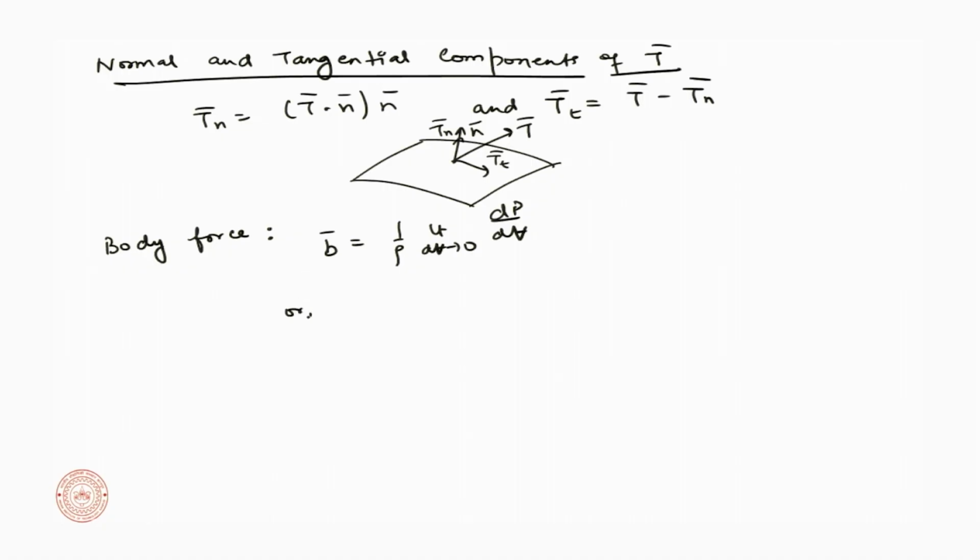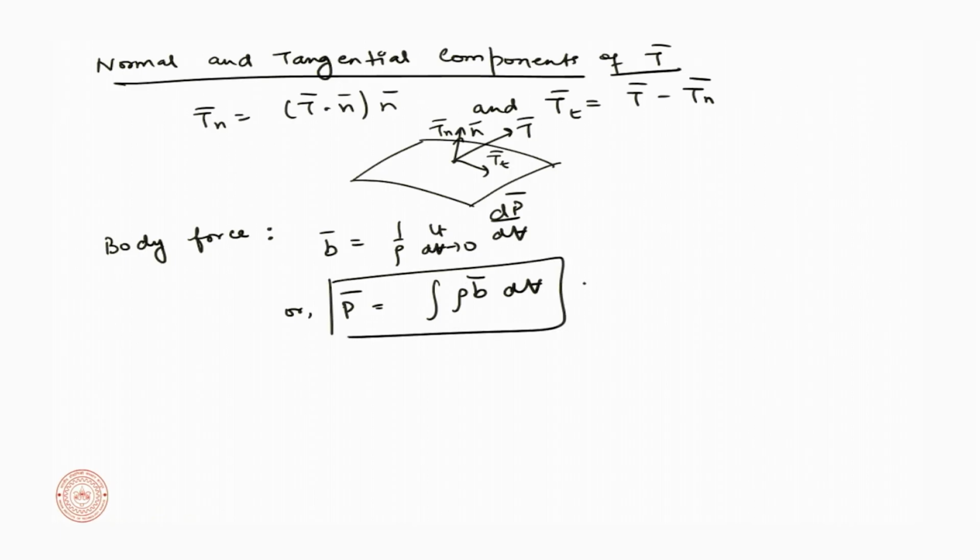Okay. Or P vector is equal to the integral of rho B vector dV. So in this case B vector, this is our body force, and B vector is a specific body force.